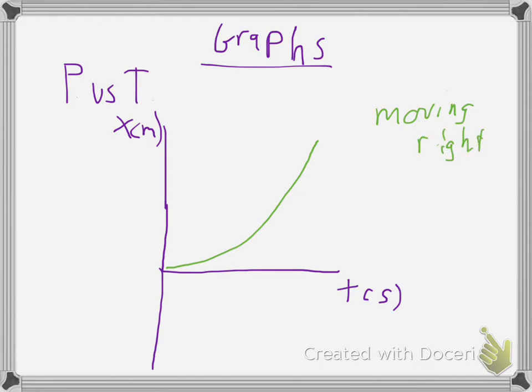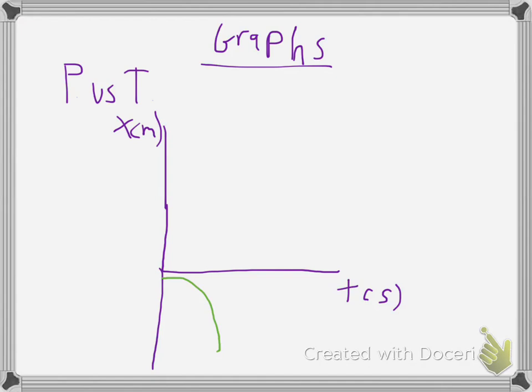It is accelerating, so it's speeding up. Remember, we can tell that because the slope is increasing. Velocity is the slope on here. And if we have a similar one in the opposite direction, that means it's moving left.